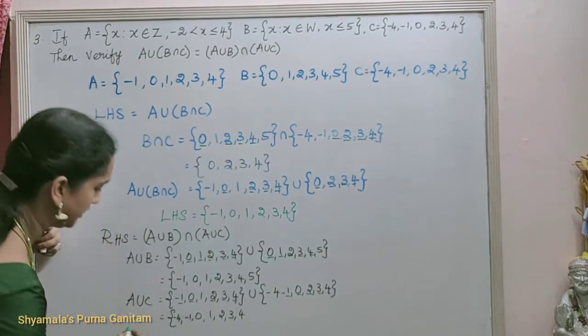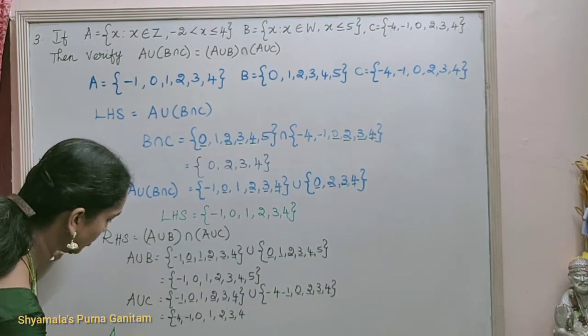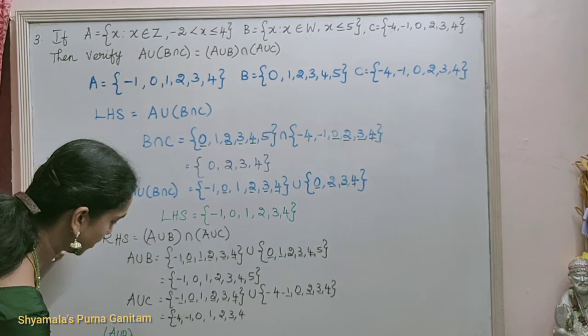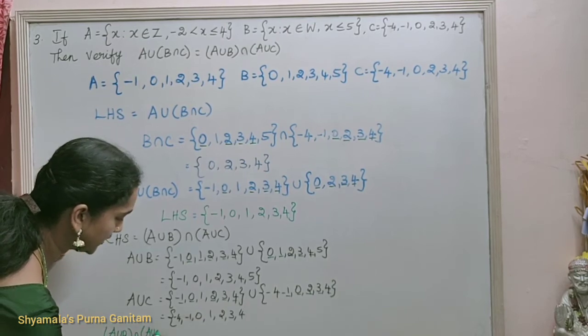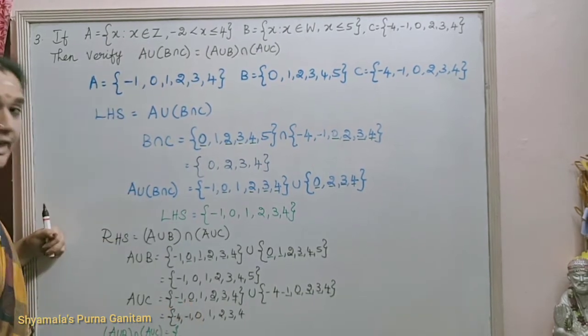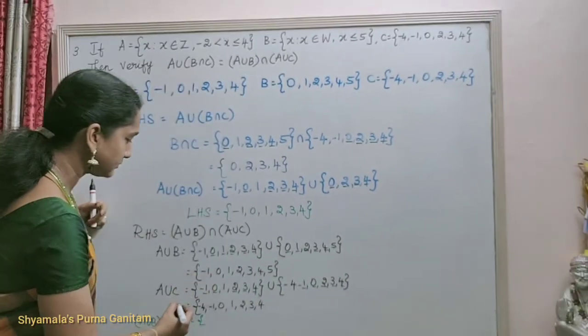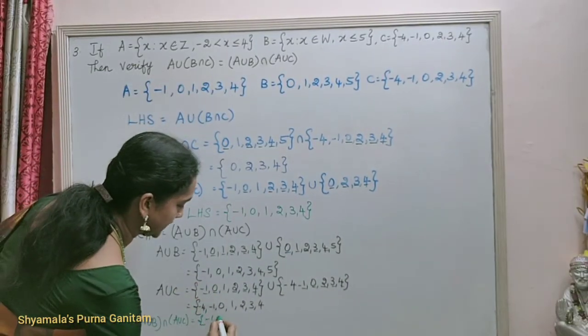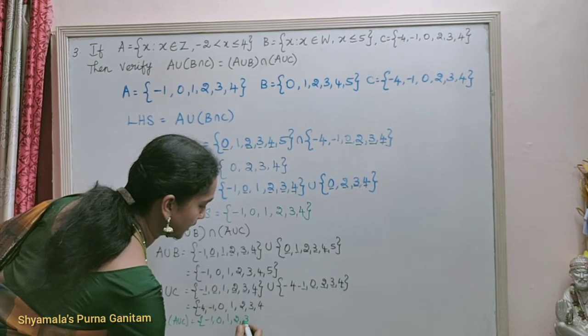Okay, so now we will find A union B intersection A union C. A union B is minus 1, 0, 1, 2, 3, 4, 5.